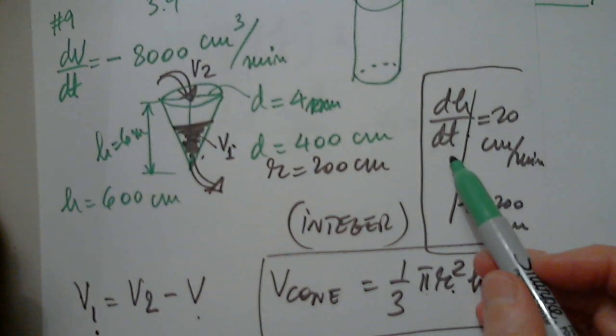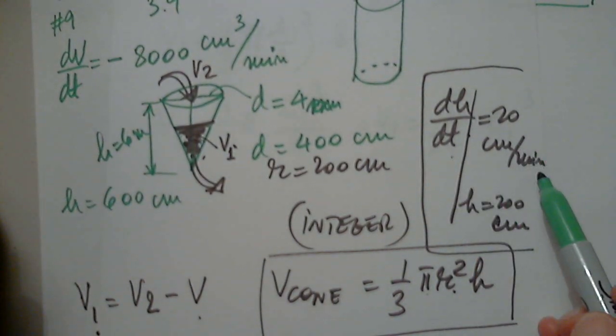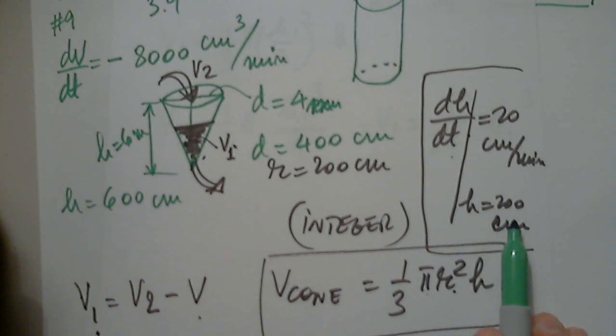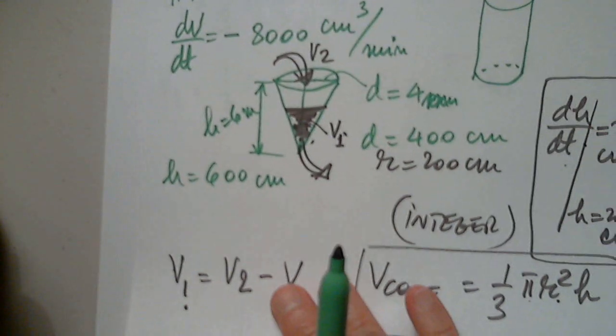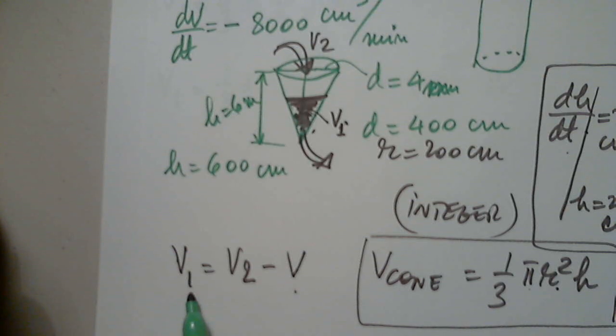Okay, I have the rate. I'm given 20 centimeters per minute when the height is 200 centimeters. So this is my V1.